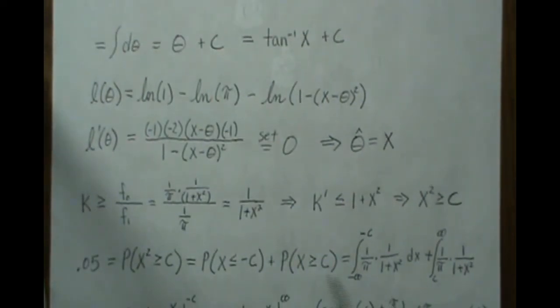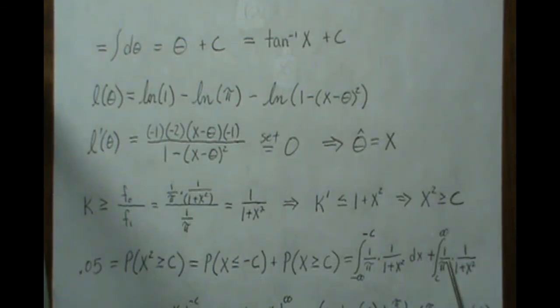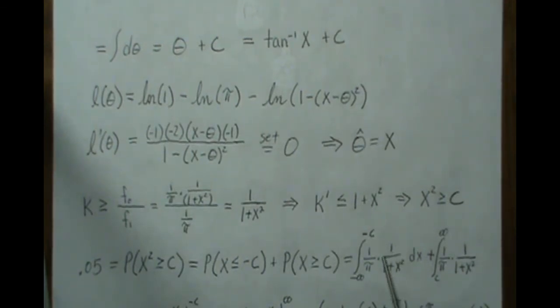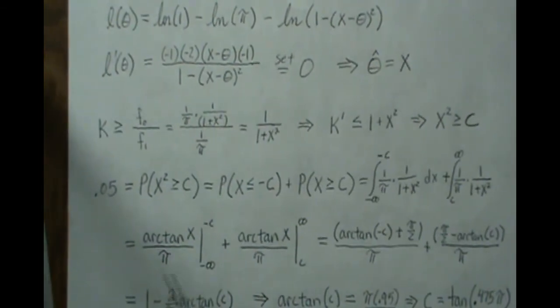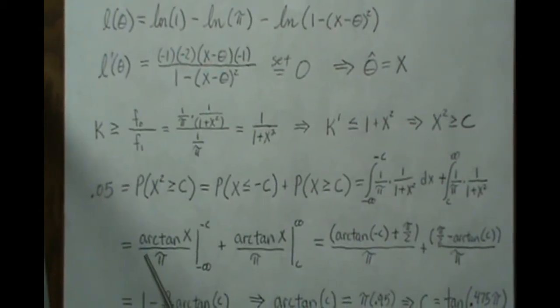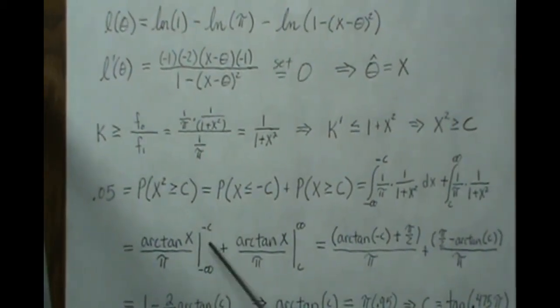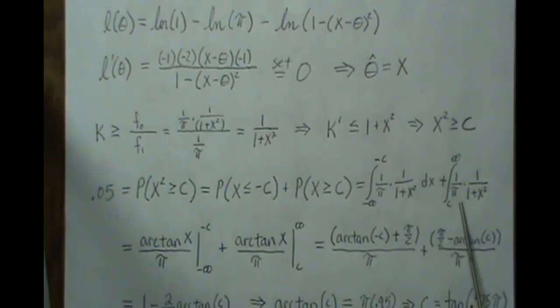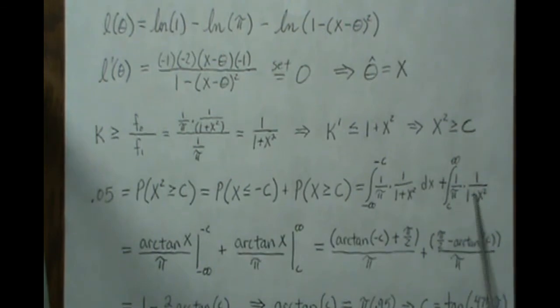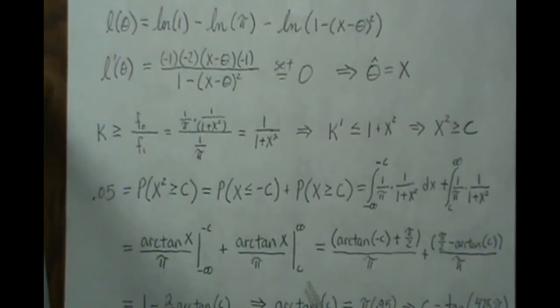Okay, and then we're greater than c, so we go from c to infinity of our density, and this piece we know is a constant, so it comes out front. And this integral is arctangent of x, the inverse tangent of x. And we plug in our limits of integration. This one here, the pi comes out, and then that's the arctangent of x, plugging in the limits of integration.